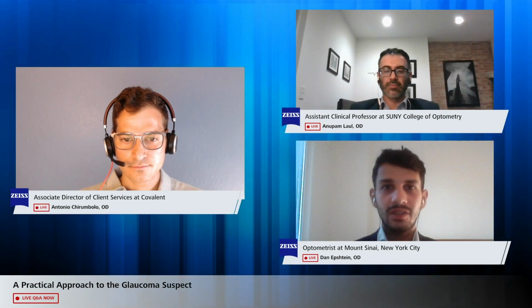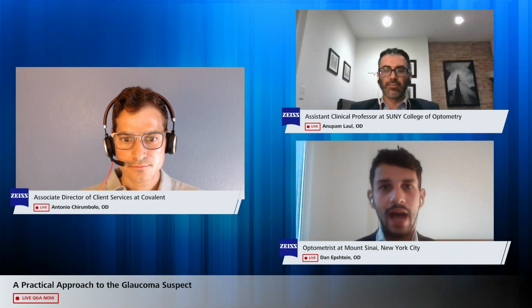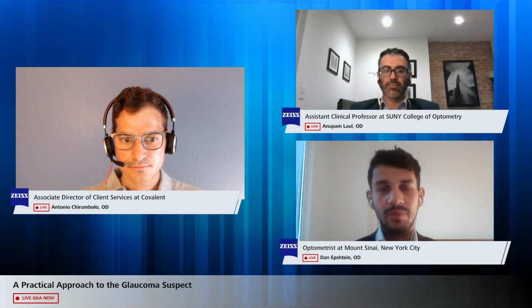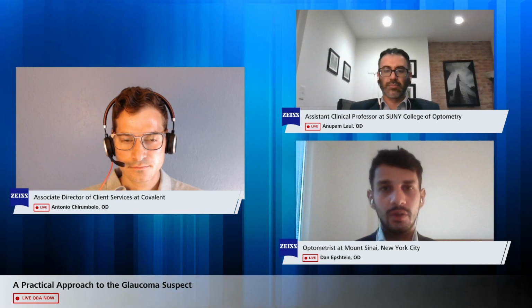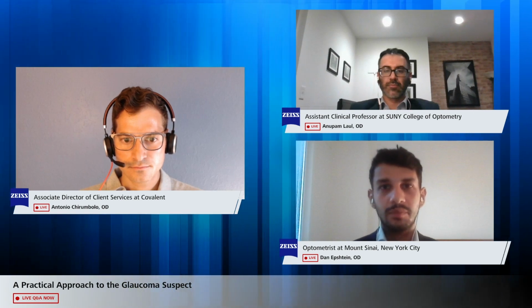There's a lot of other parameters. So not just looking at what structures you can see. With the anterior segment OCT, you can see how the iris and the lens sit together. You can see that complex. You can see how the iris is going to drape not only over the lens in the center, but also peripherally. Things like plateau iris, you can tell.